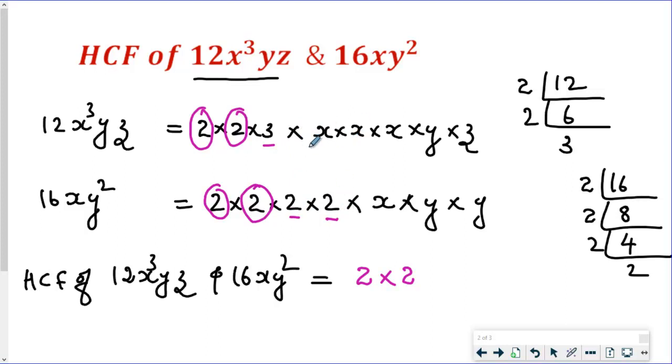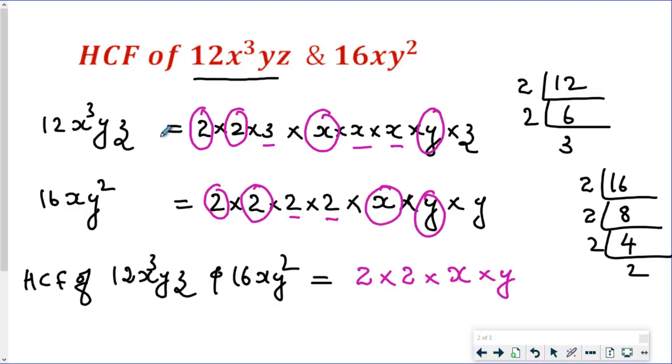Then we go to the variables. The first variable is x. In the first monomial 1x, here also only 1x. So we take only 1x. We should not take the other 2x because in the second monomial there was no x. Then the next variable is y. Here 1y, here also 1y.